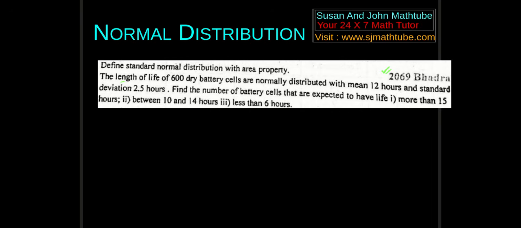And here they are talking about the length of life of dry cells. They have given the mean, and it is given that the length is normally distributed. Like the last question, they are asking the number of batteries. So what you do is you find the probability and then multiply by 600.